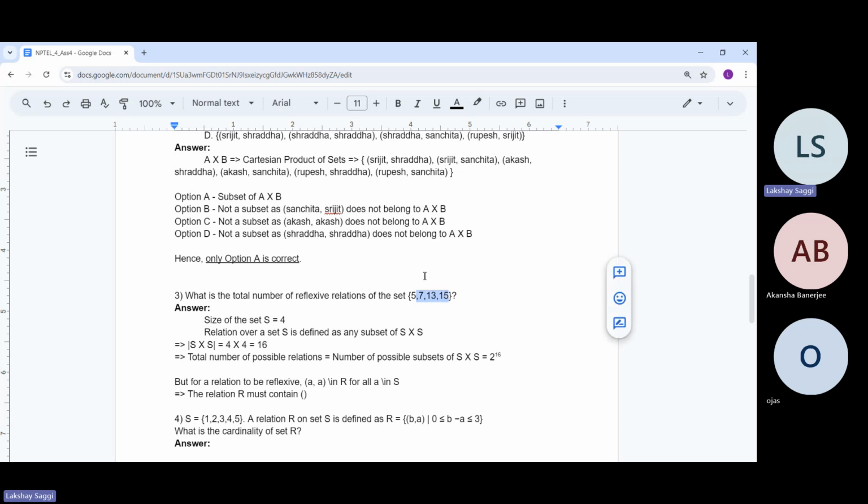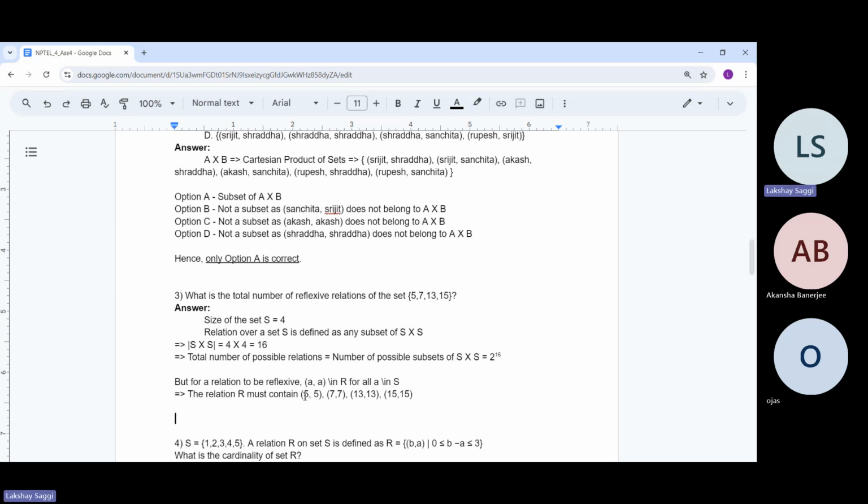So for all of these, the elements should be present: 5 comma 5, 7 comma 7, 13 comma 13, and 15 comma 15. These 4 elements must be present in the relation R.